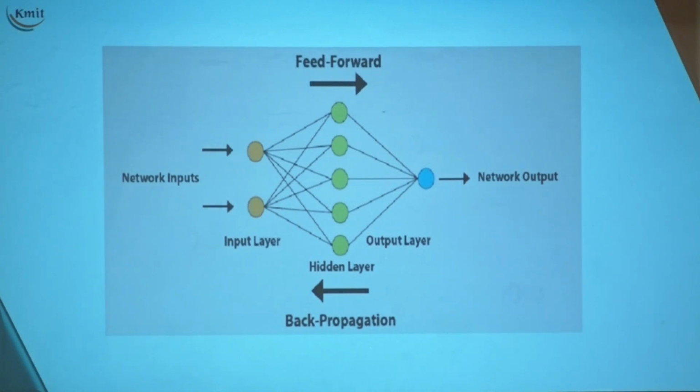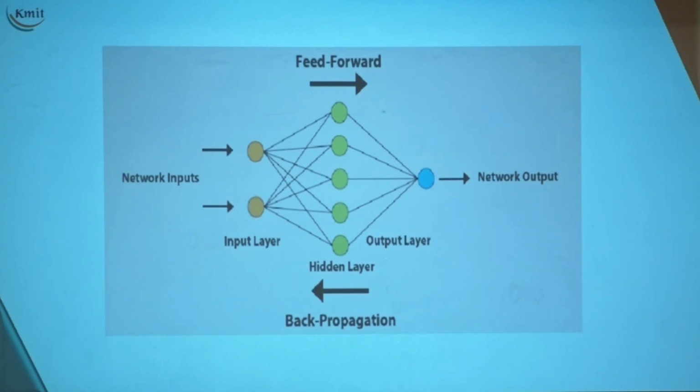So what do you observe in this figure? We have the input layer, the hidden layer, and the output layer. Up to here we know. But apart from that, you can see two more new things. What are they? Feed forward, back propagation. Now let me explain how a neural network works.